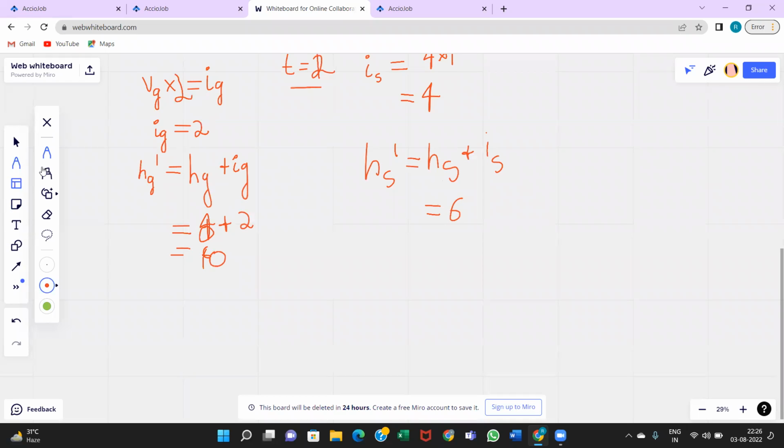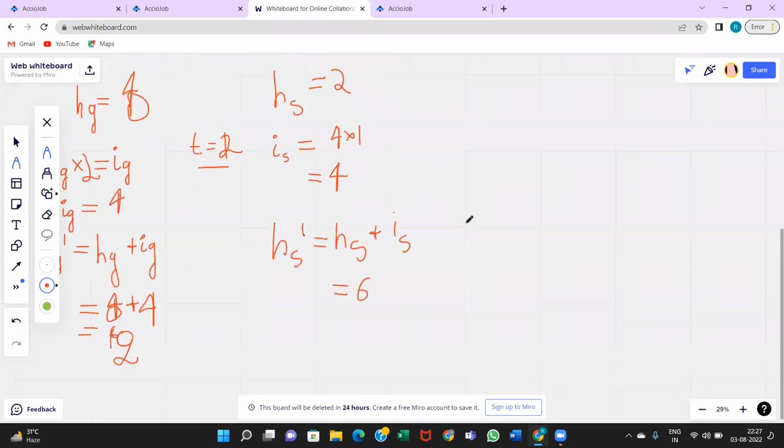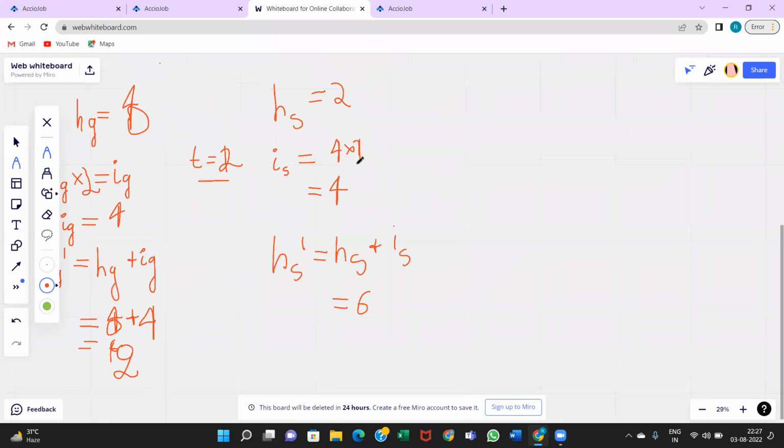The answer that I'll get is 2 into 2, which is 4. So this will become 4. I'm adding 4 to it. This will become 12. Similarly, let's check for this part. It will become 8.